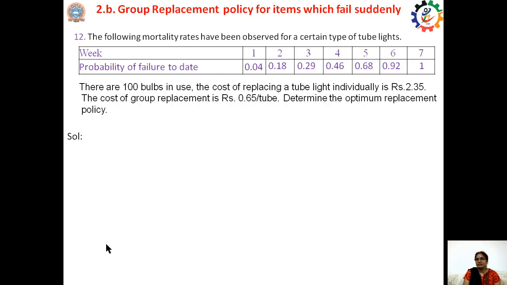How to identify? I told in the previous class, if whole numbers are given, the last value should be equal to the total number. If it is given in percentage, and the last value is 1 and all previous values are continuously increasing, then cumulative is given.